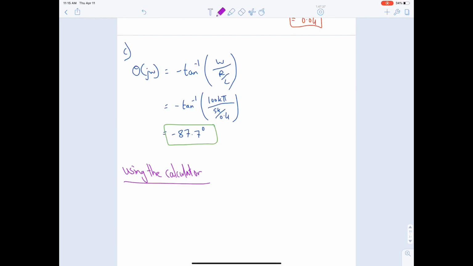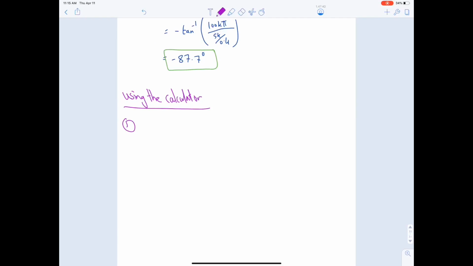The first thing you need to do is go to the complex mode, which is mode plus 2. It depends on which calculator you are using. I use the standard scientific calculator. Then plug in the equation, the transfer function, which was H of s, or it has to be H of jω actually. R over L divided by R over L plus jω.